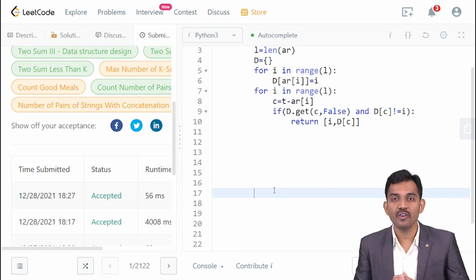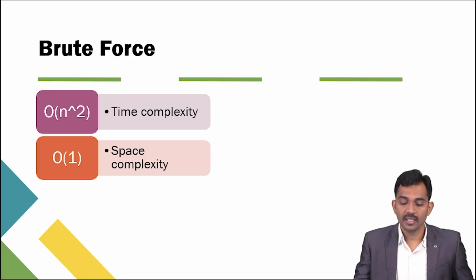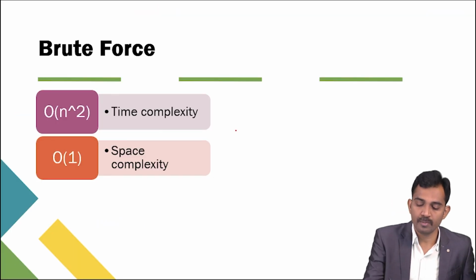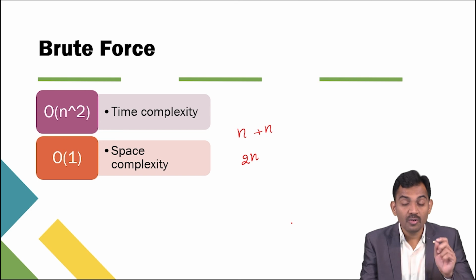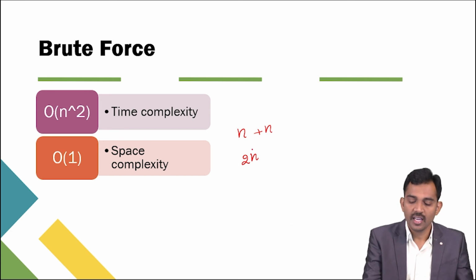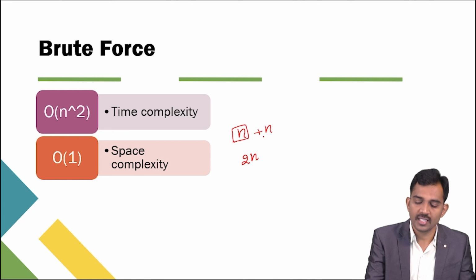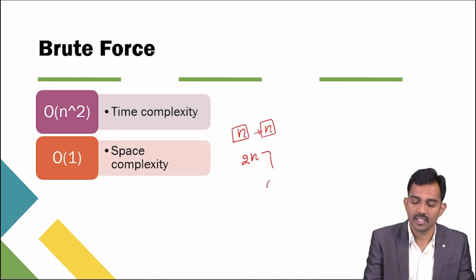The time complexity of this program: the first for loop has time complexity n, and the second for loop is also n. It's 2n, not n square. You get n square when loops are nested, but these are not nested. In total you get n, so finally the time complexity is big O of n.